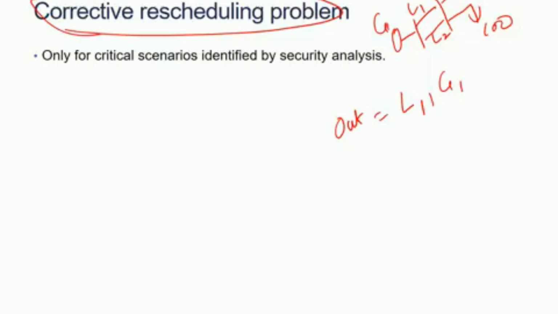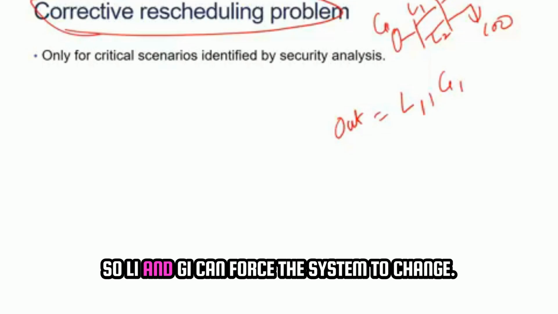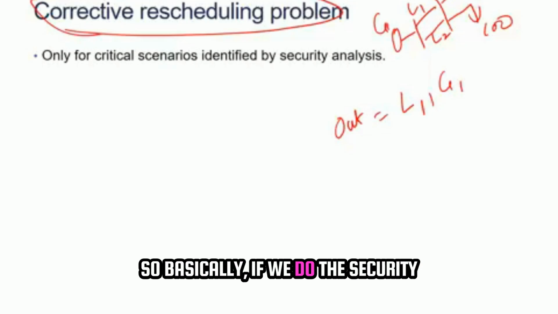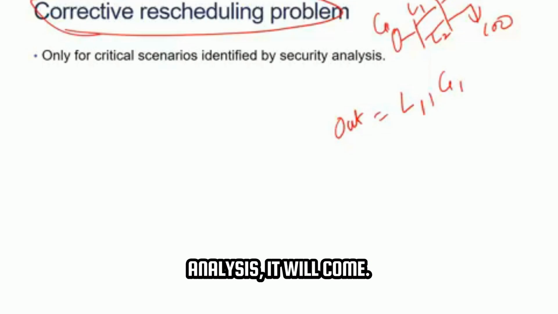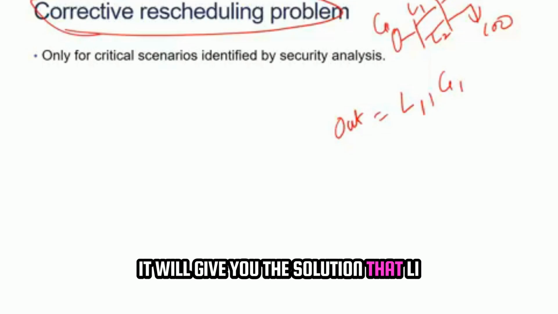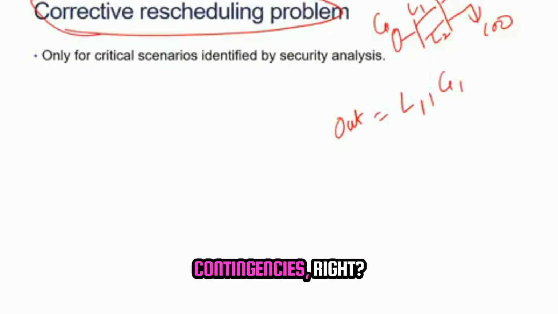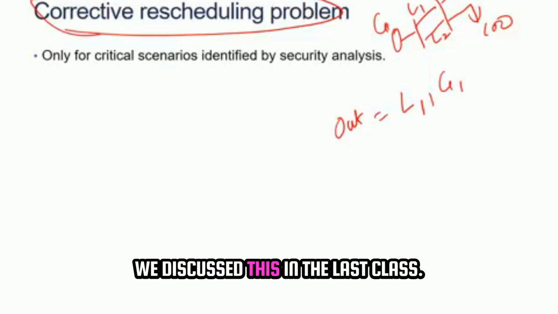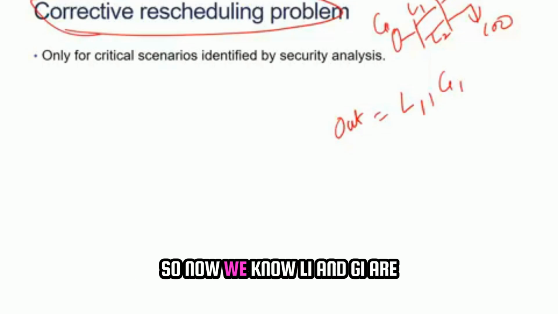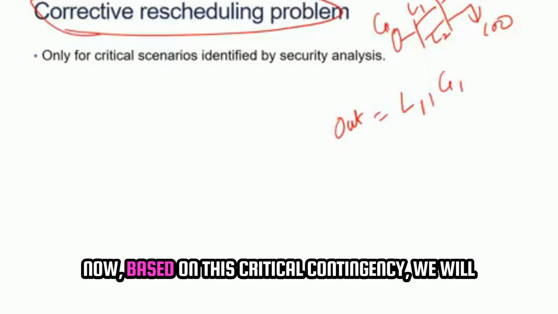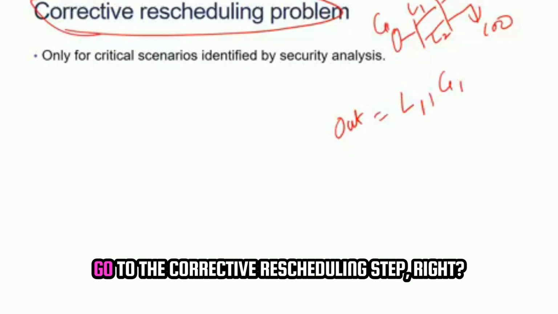Do you remember this? So if we do the security analysis, it will tell you that L1 and G1 are the critical contingencies, and L2 and G2 are the non-critical contingencies. We discussed this in the last class. Now we know L1 and G1 are the critical contingencies, and based on them we go to the corrective rescheduling step.